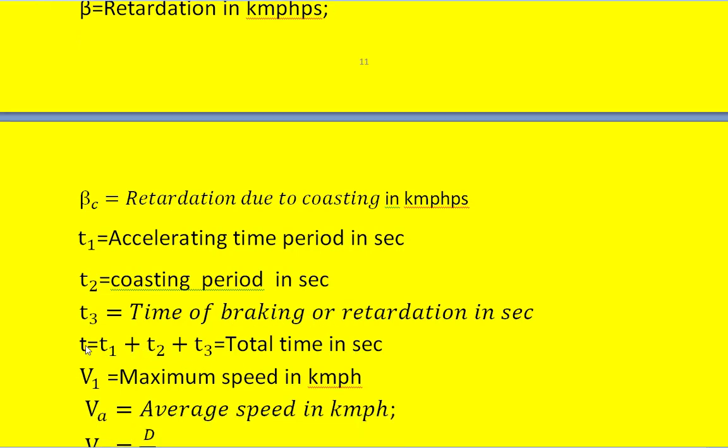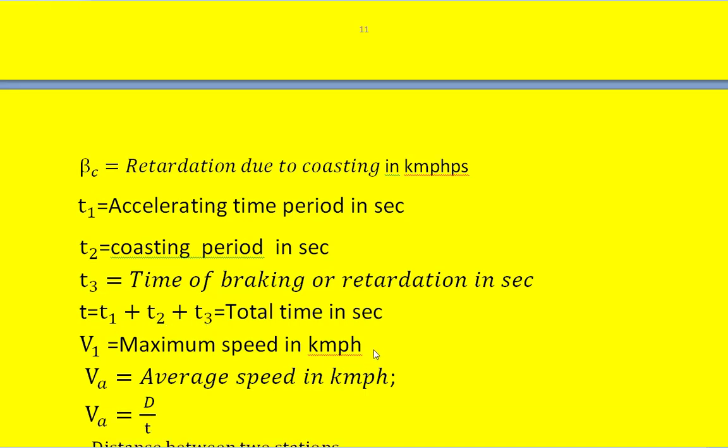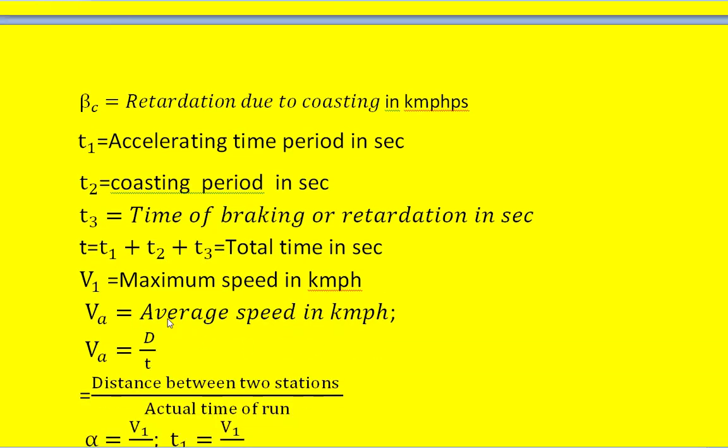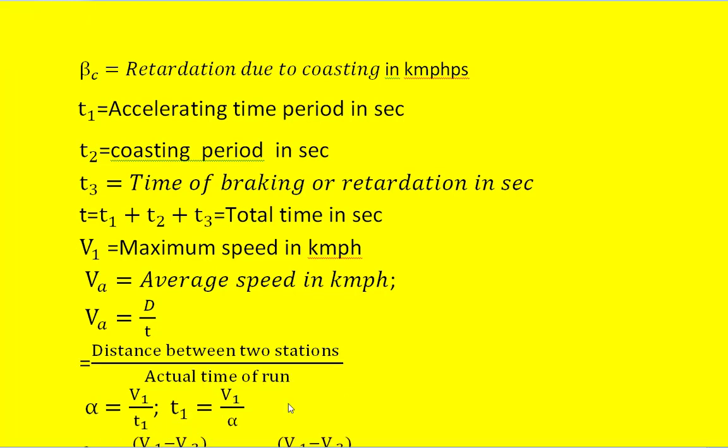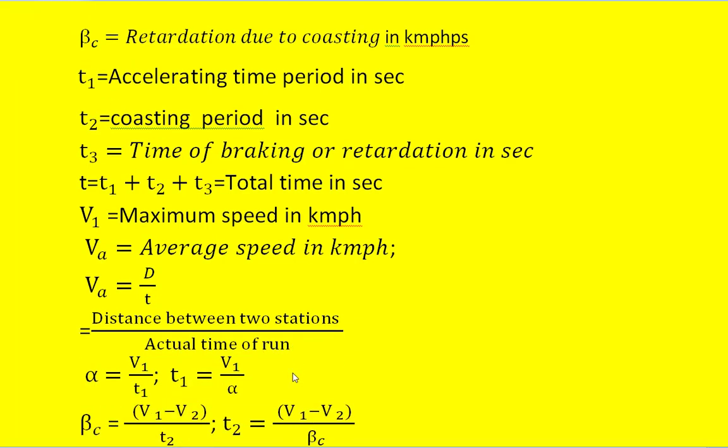So total time small t is equal to T1 plus T2 plus T3, in seconds. And then average speed, we can write VA is equal to D by t. This is nothing but distance between these two stations divided by actual time of run of the train.